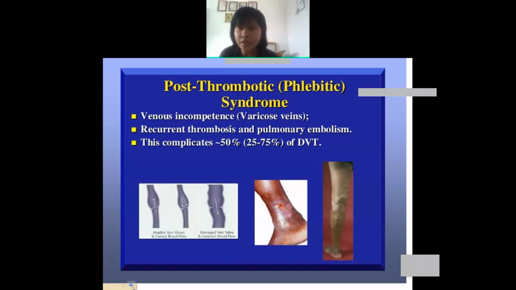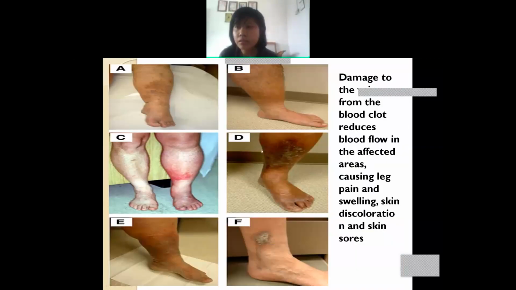And this deep vein thrombosis will lead to post-thrombotic syndrome. So these are some of the pictures.